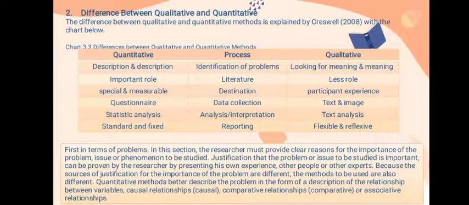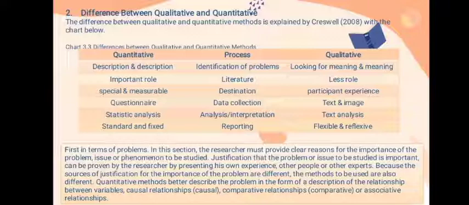Okay, next about the difference between qualitative and quantitative. The difference between qualitative and quantitative methods is explained by Creswell 2008 with the chart below. Here is a chart about differences between qualitative and quantitative methods.